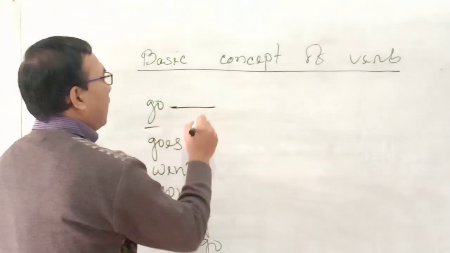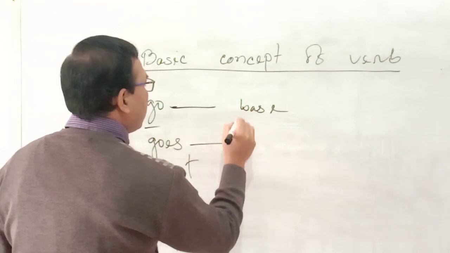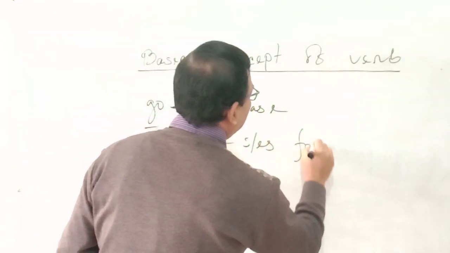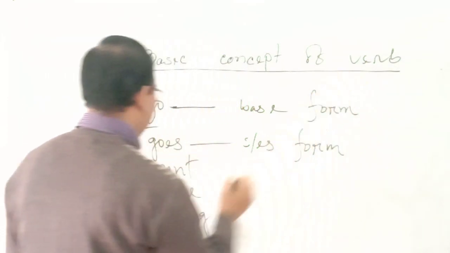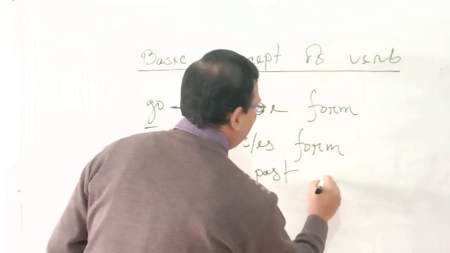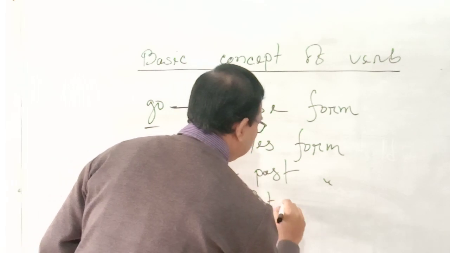This is the first form or base form of the verb. Goes, we can say that this is the S or ES form. Went, this is past form. Gone, past participle form.